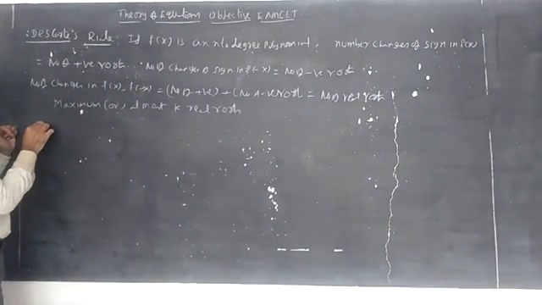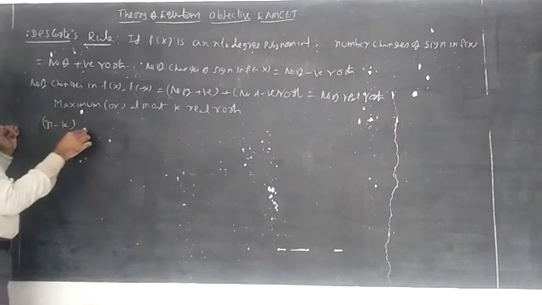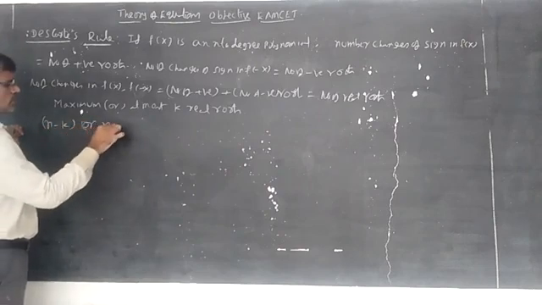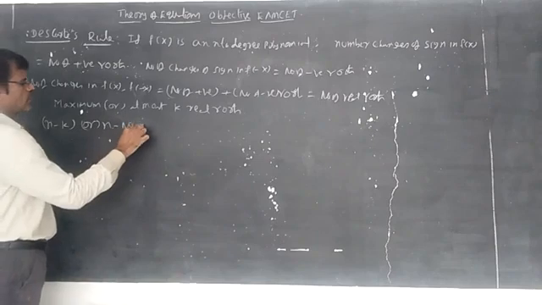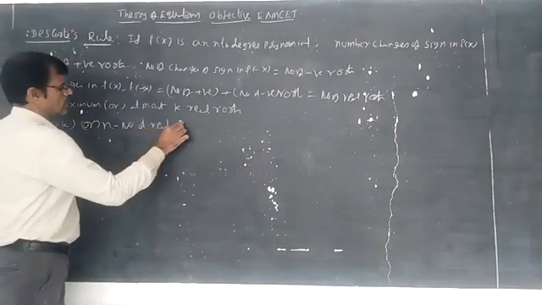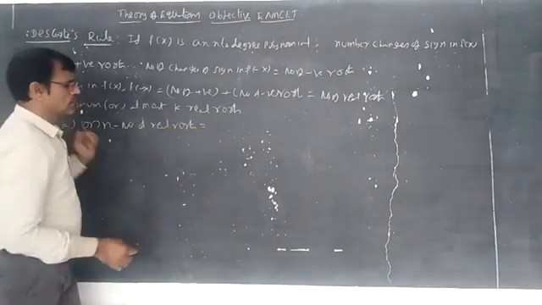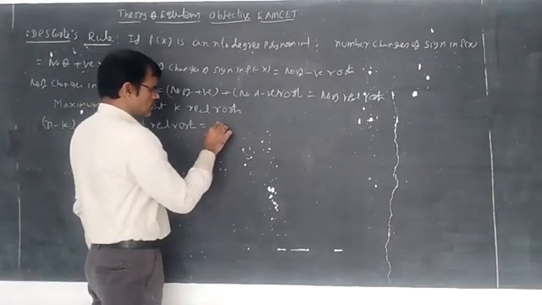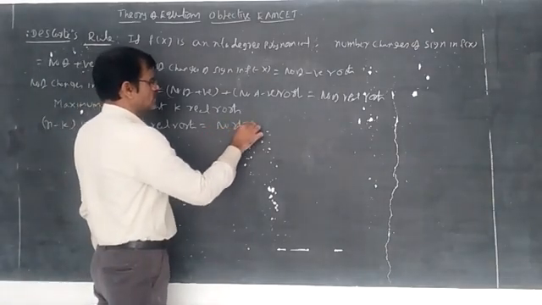Next one, n minus k, or n minus the number of real roots, is equal to the number of imaginary roots.